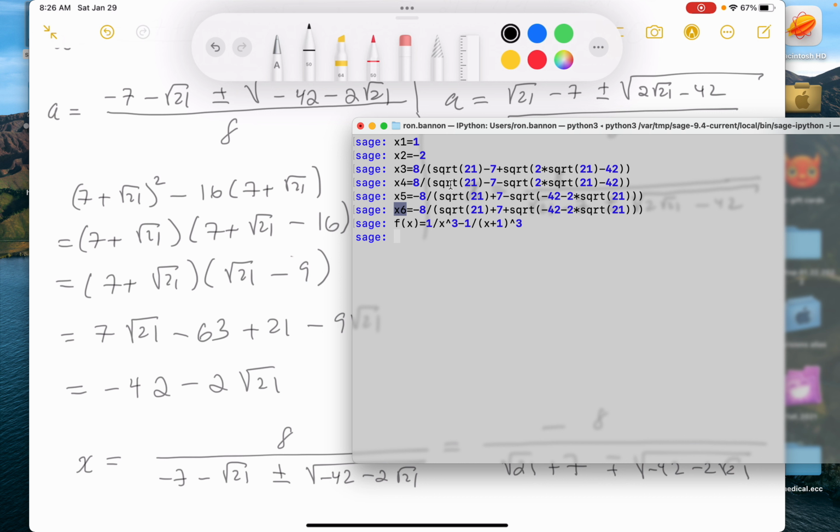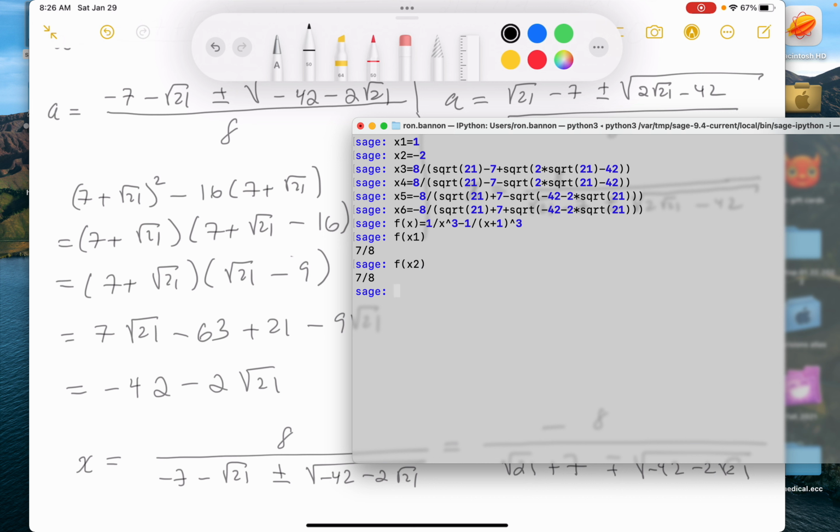So what I wrote down is all six solutions, and I also wrote down a function, and that function should evaluate to 7/8. So if I do f of x1, I should get 7/8. Yes, I get it. If I do f of x2, I should get 7/8.